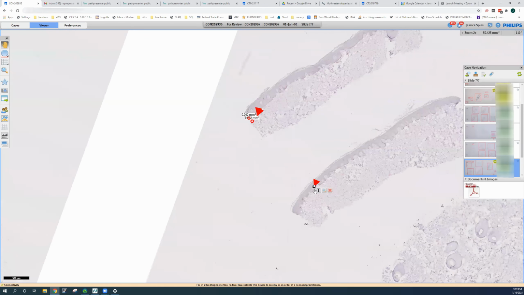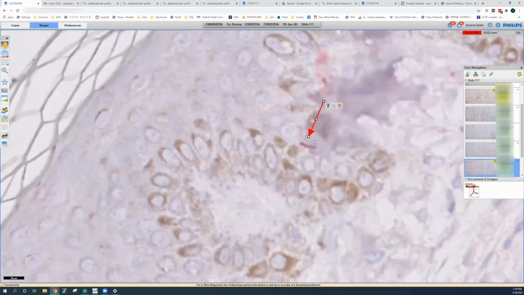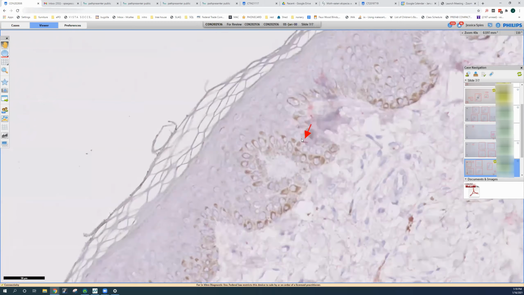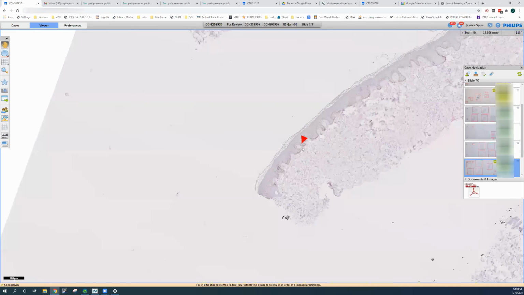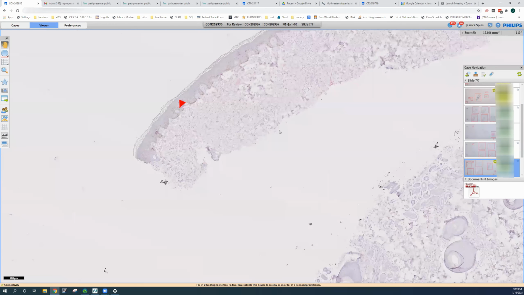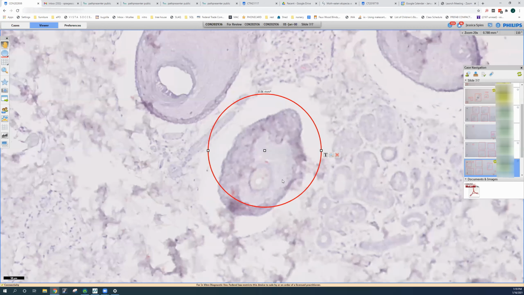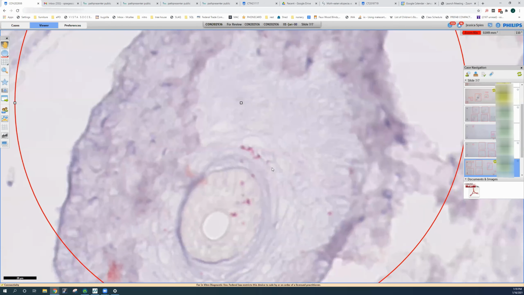They can be anywhere. They can be in the epidermis, as this one is kind of difficult to see. It's better seen on the microscope actually, where you can focus up and down. They can be in the dermis. They can be in vessel walls. They can be in the follicle. Actually, here's an organism in the follicle.